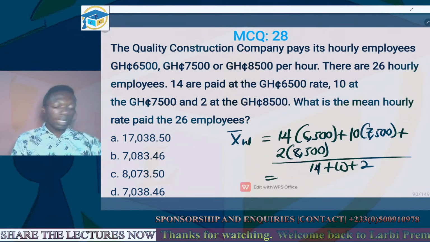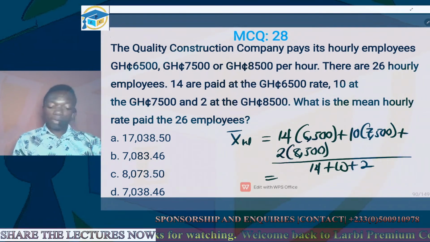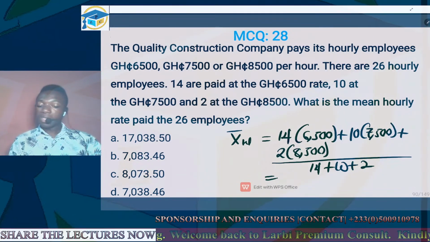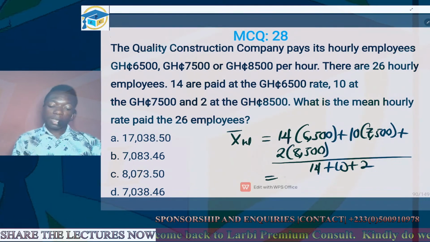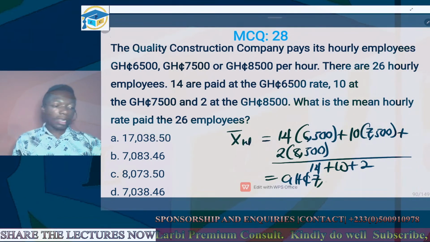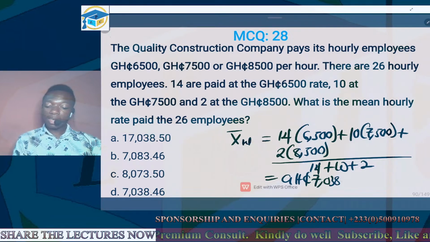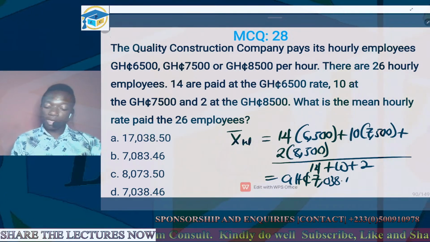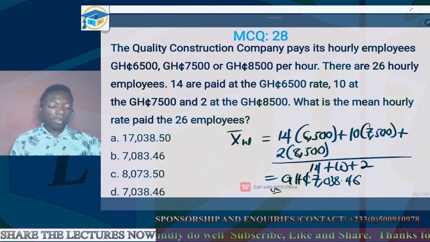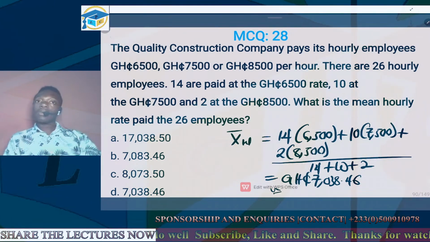In my case, when I divide by the summation, I have a mean value of 7,038.46. For us to find it, currencies are always in two decimal places.